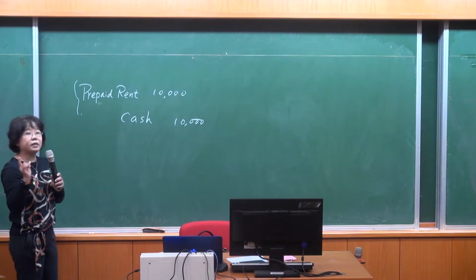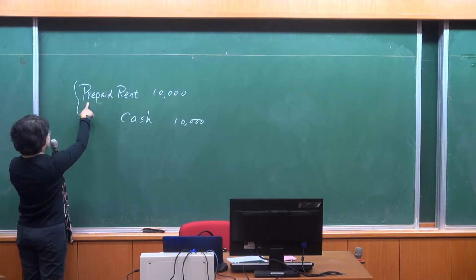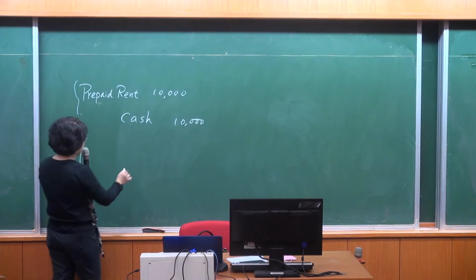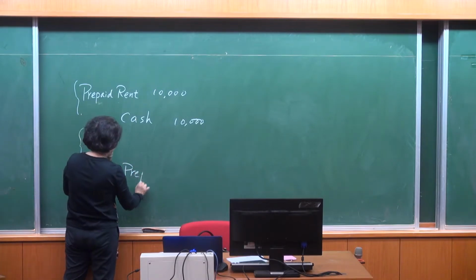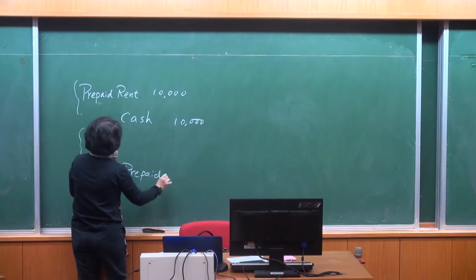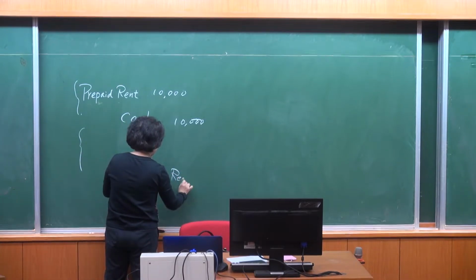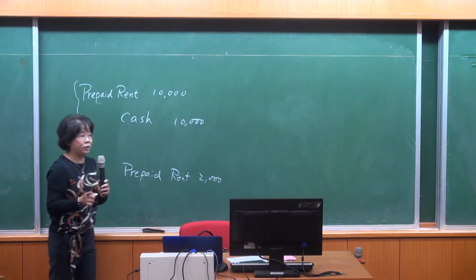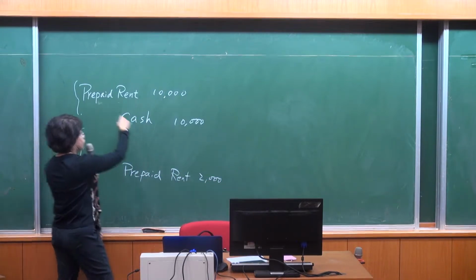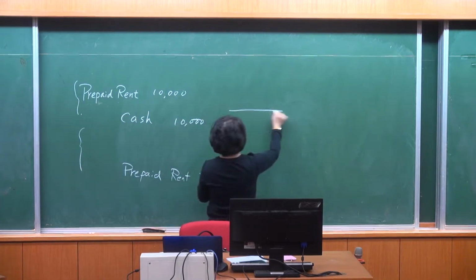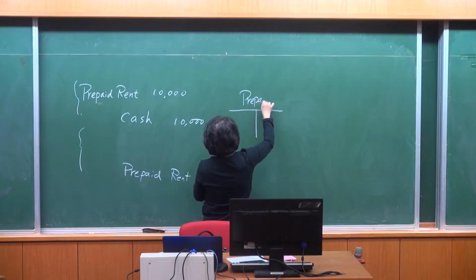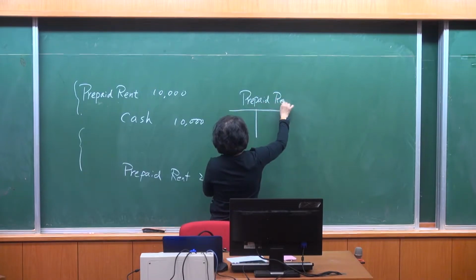How do you make it deduct? You make it debit to credit. So we have another entry called prepaid rent for $2,000 because you have already lived there and used your rights. How do you know your rights are decreasing? We have the T account. We have prepaid rent.